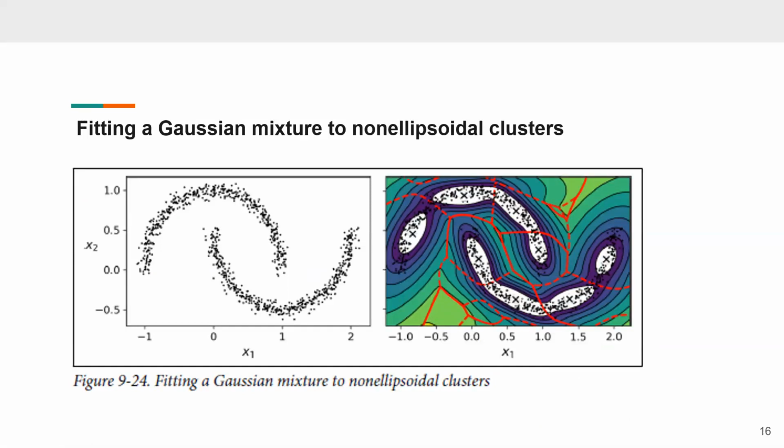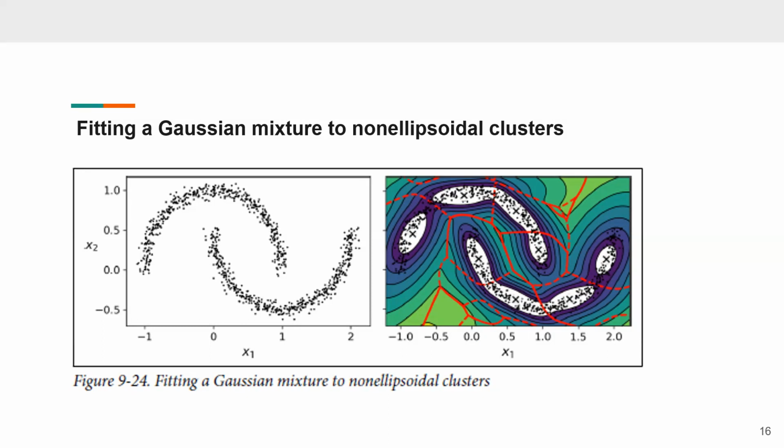So let's look at some specific pitfalls, or the cases that are not going to do well when using Gaussian mixtures. Gaussian mixtures actually do really well on ellipsoidal types of shapes. So if you recall one of the examples that we discussed in DBSCAN, those types of ellipsoidal clusters you would not do well on using DBSCAN, but Gaussian mixtures can do a decent job there.